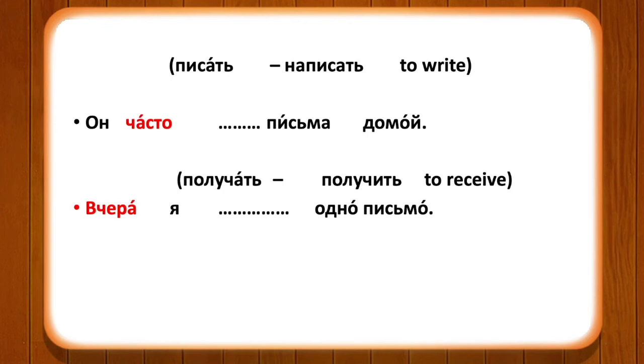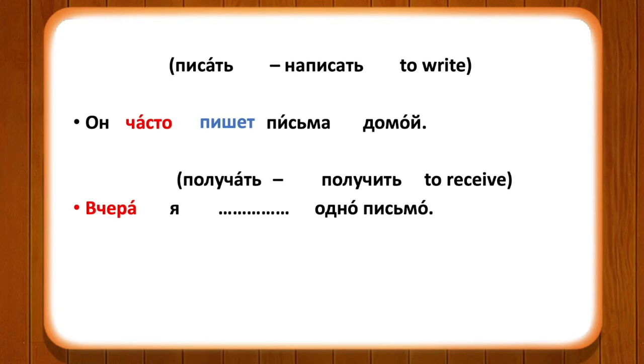This use of the adverb indicates an action that is taking place more than once, which is a habitual or regular action. To denote such actions, we use the imperfective verb, which is писать, conjugated according to the subject он. So он часто пишет письма домой. He often writes letters home.